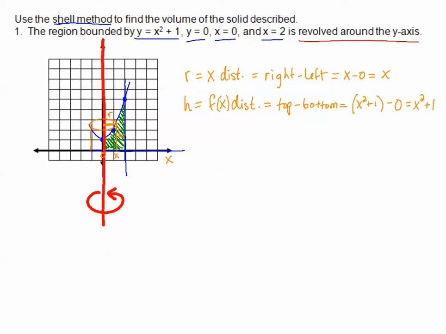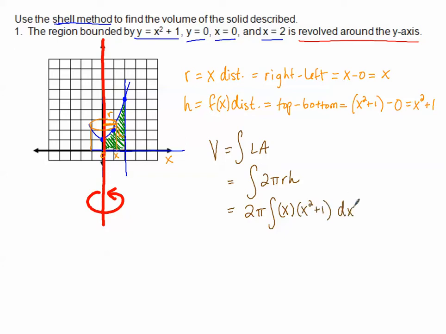Now I remember that my volume is the integral of the lateral area, or just the area for short, which means it's the integral of 2 pi rh, or again, to make it a little simpler, bring out the 2 pi. The radius is x, and the height is x squared plus 1.